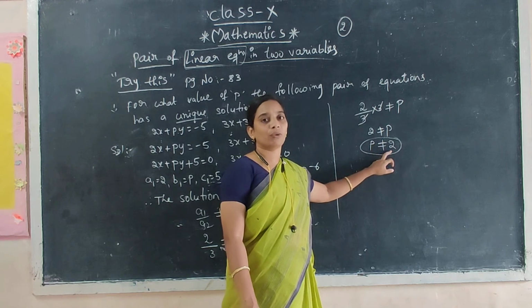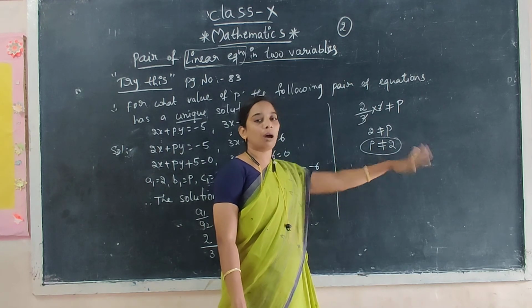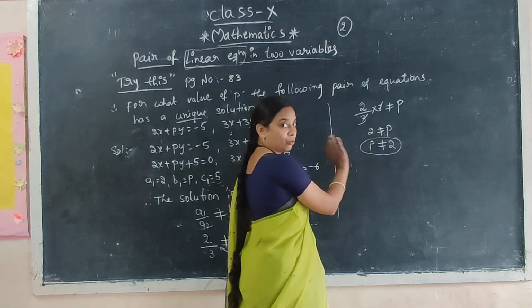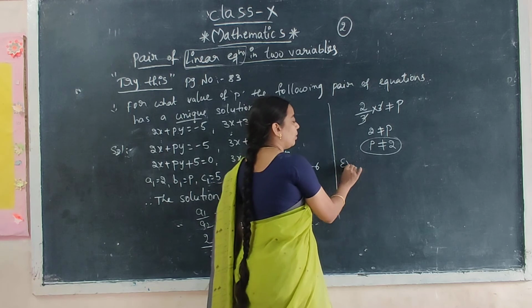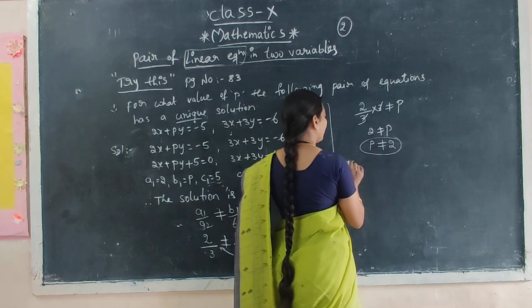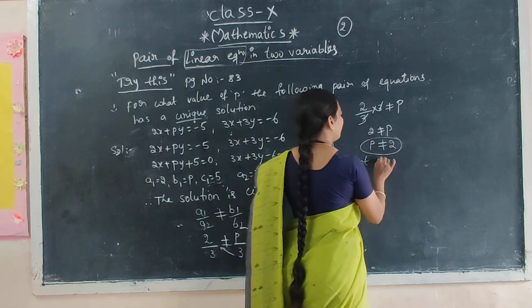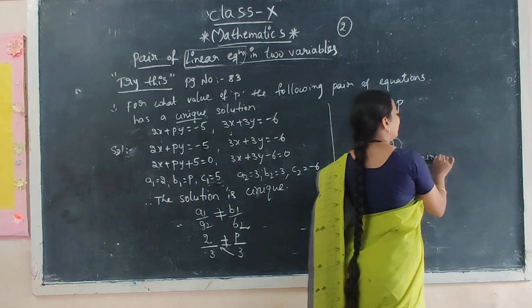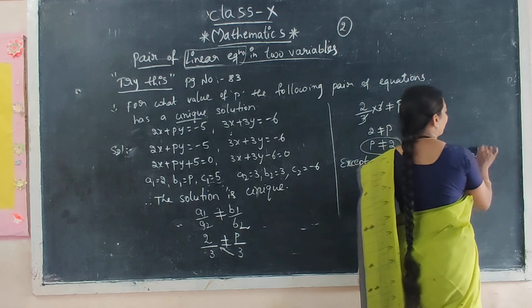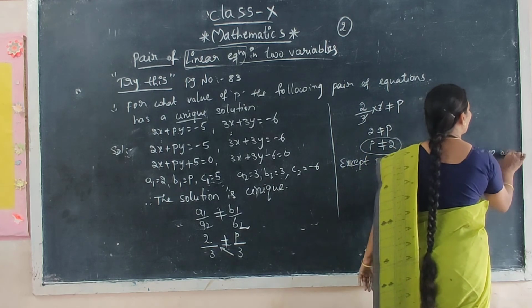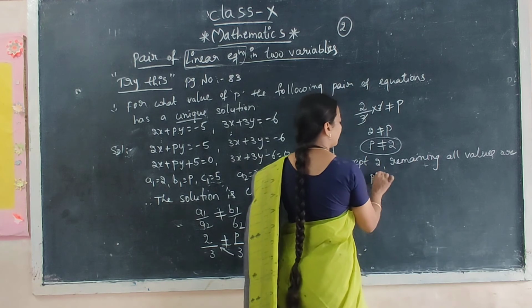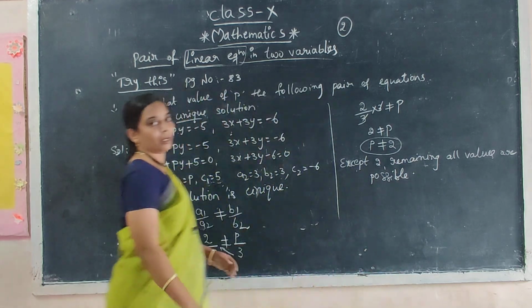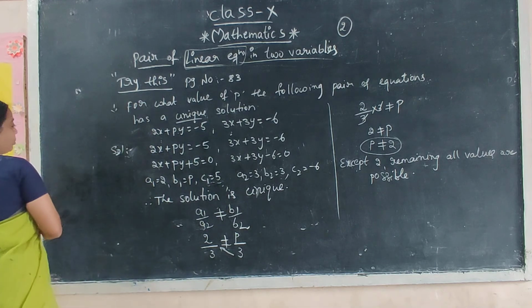Not equal to 2 means what? Except 2, all remaining values are possible. Remaining all values are possible. Now this is the answer. And the next question.